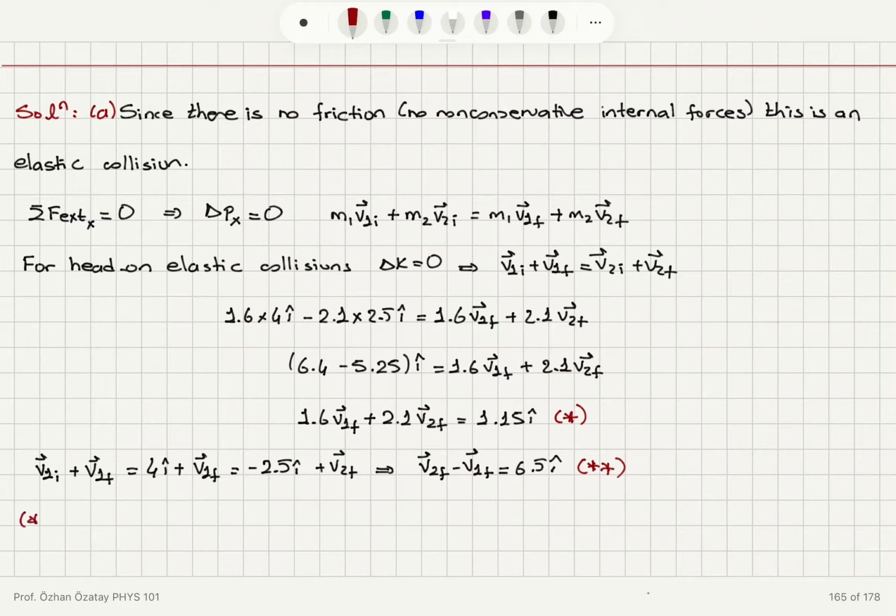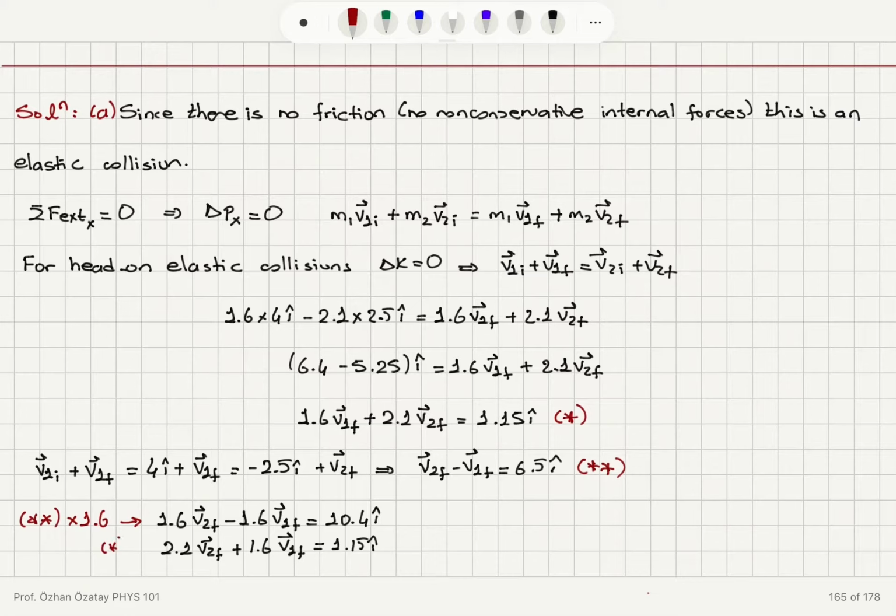Now if I take the 2-star equation and multiply it by 1.6, I will obtain 1.6 v2 final minus 1.6 v1 final equals 6.5 times 1.6, 10.4 i hat. Then I take my star equation, which is 2.1 v2 final plus 1.6 v1 final equals 1.15 i hat.